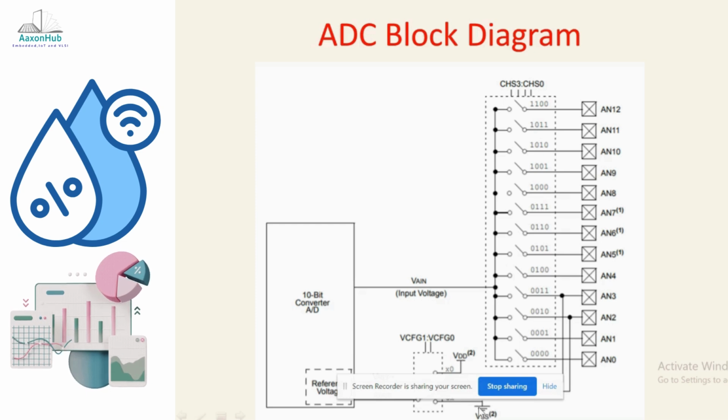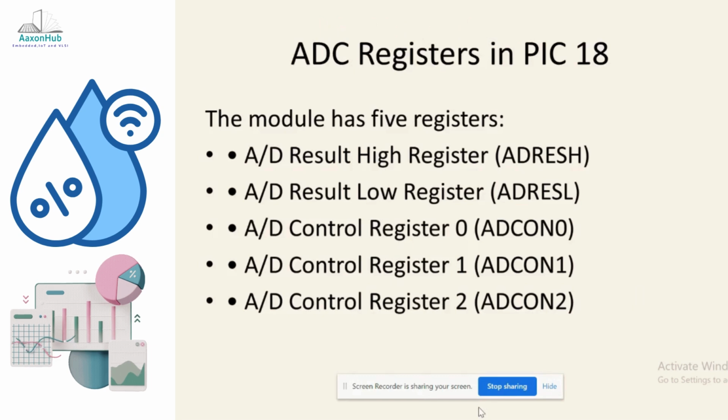If it is VDD VSS, then the reference voltage will be 5 volts. Otherwise, for V reference plus and minus, it is 3.3 volts. If V in is greater than the reference, it will be considered as logic 1. If V in is less than the reference threshold, it will be considered as logic 0. This way, the digital conversion takes place in this ADC.